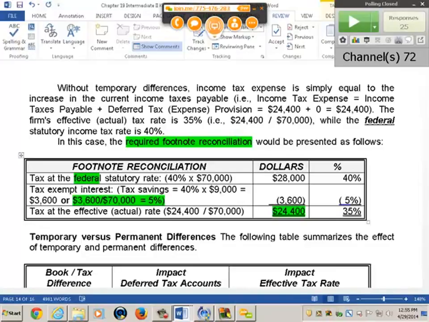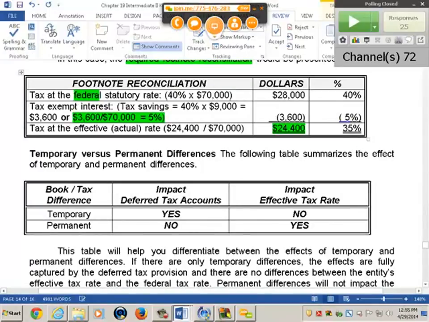All right, and finally, one of our last rubrics is that if you only have temporary differences, it, of course, will impact the deferred taxes, but it won't change your effective tax rate. Right? As long as there are no permanent differences or other adjustments, all you're going to have is an impact on your deferred taxes.